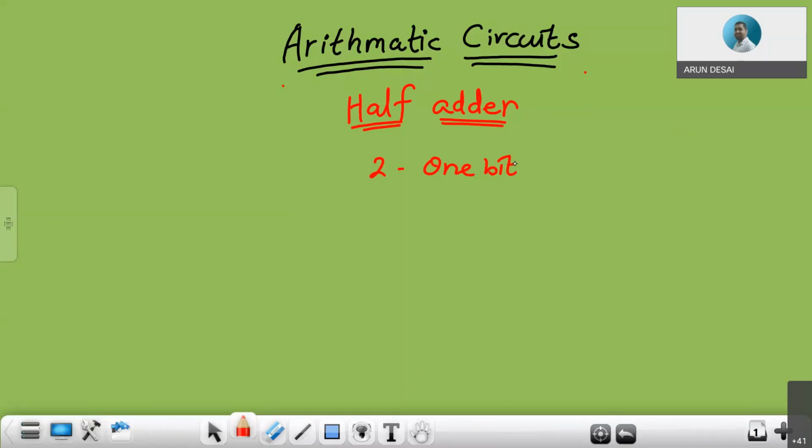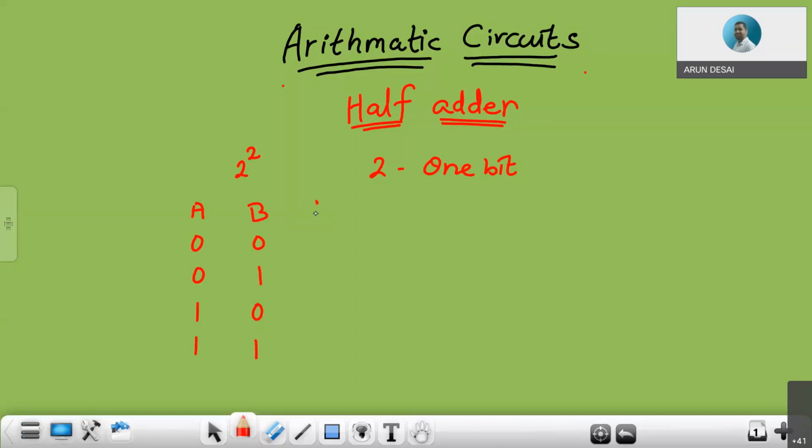So see, suppose my numbers are A and B. So for two numbers, how many combinations? 2 raised to 2, 4 combinations: 0 0, 0 1, 1 0, and 1 1.